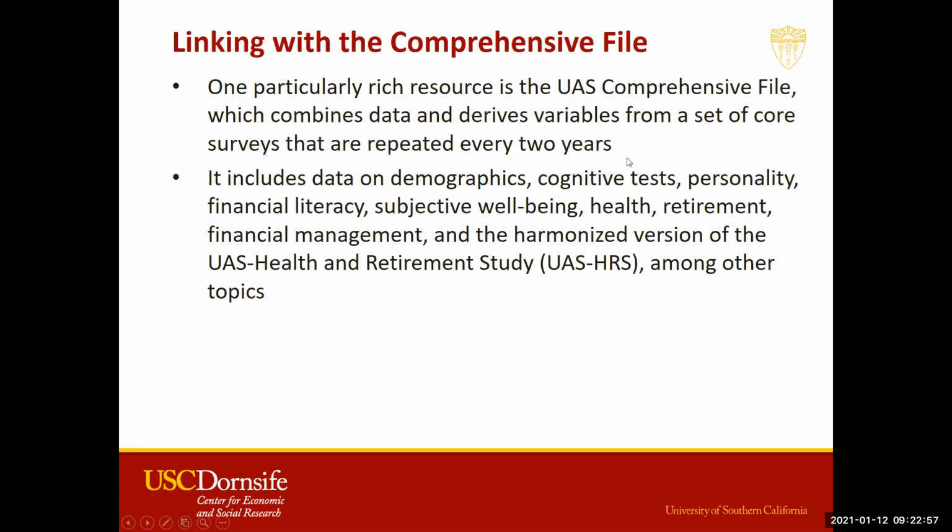It includes data on demographics, cognitive tests, personality, financial literacy, subjective well-being, health, retirement, financial management, and the harmonized version of the UAS Health and Retirement Study, among other topics. And that UAS HRS, if anyone's familiar with the HRS, we have almost the entire set of questions and derived variables from that in this file.